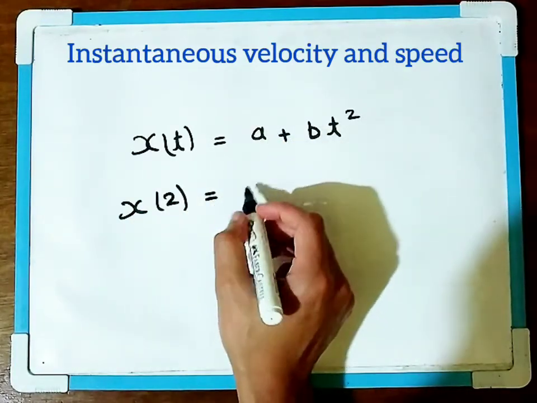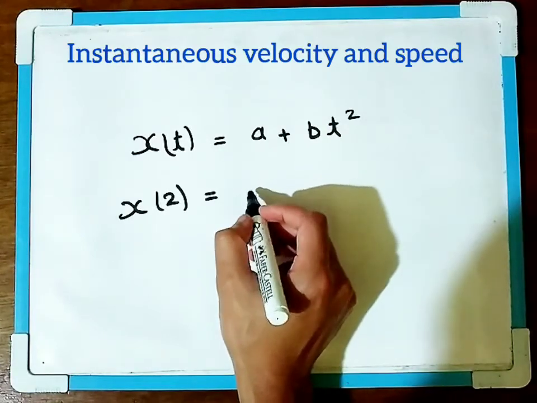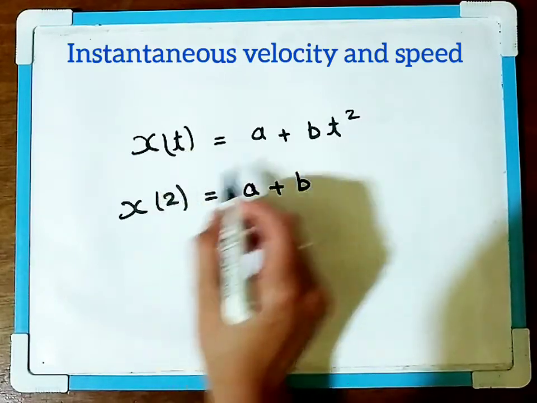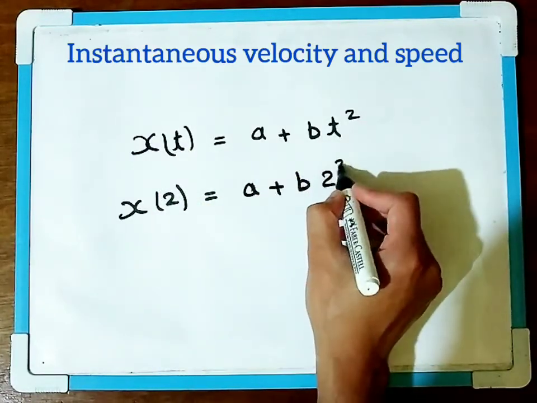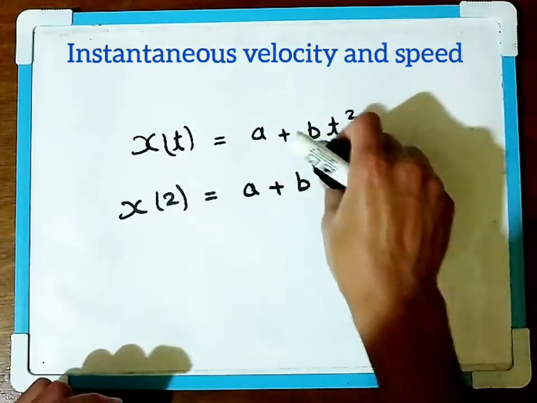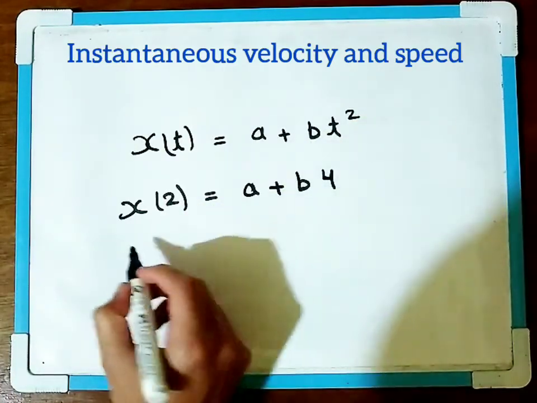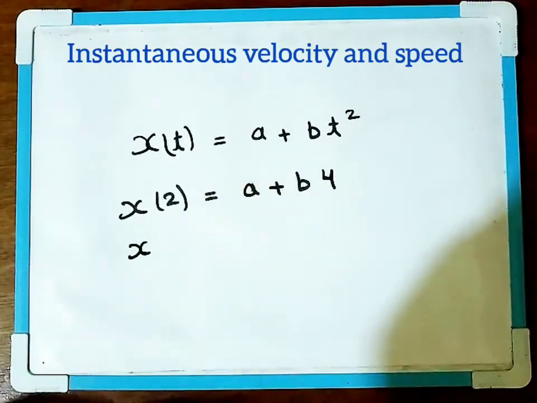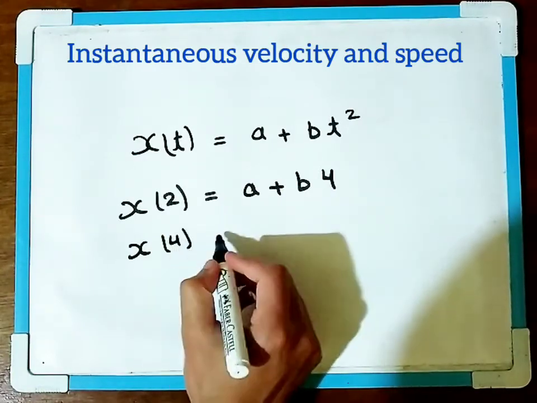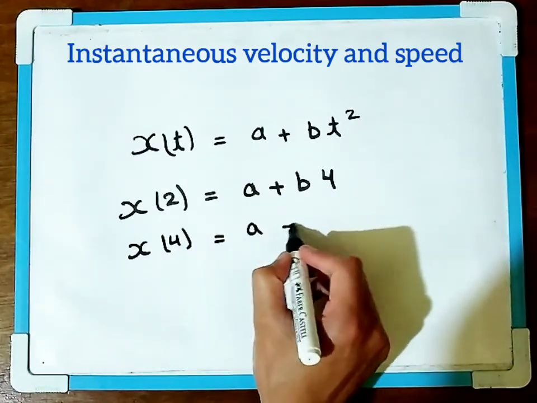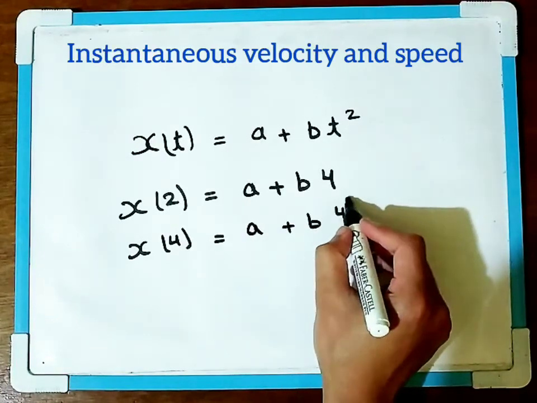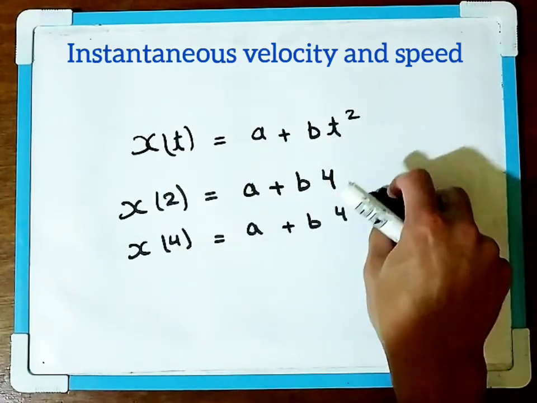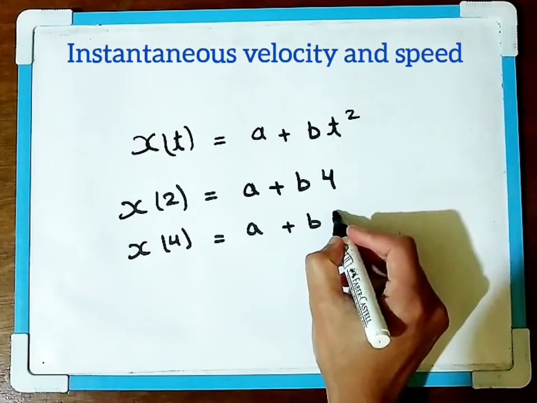So it's just a plus b, and t here I've written 2, so here also I should write 2 to the power 2, and this 2 to the power 2 will give you 4. And the final position x4 will be a plus b, again 4 to the power 2, which will give you 16.